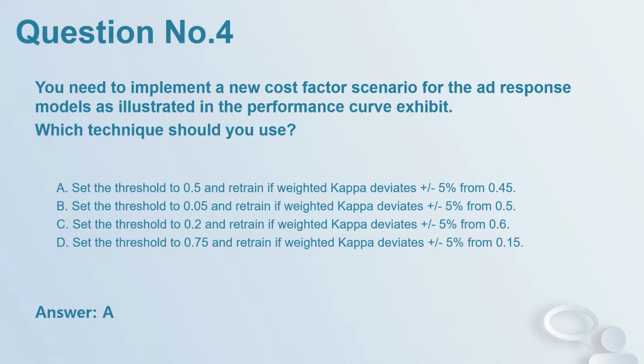B. Set the threshold to 0.05 and retrain if weighted kappa deviates plus or minus 5% from 0.5. C. Set the threshold to 0.2 and retrain if weighted kappa deviates plus or minus 5% from 0.6. D. Set the threshold to 0.75 and retrain if weighted kappa deviates plus or minus 5% from 0.15. Answer: A.